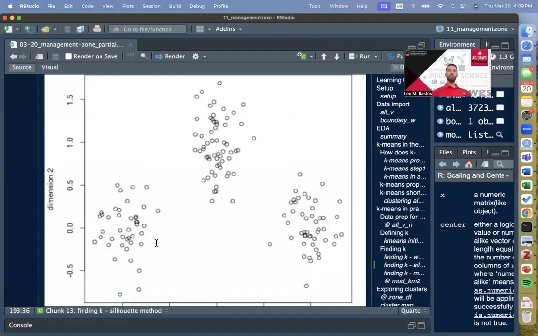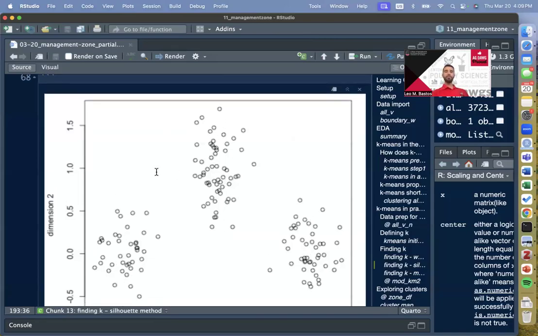After 3, if you keep adding centers, maybe this big one would be split, so you have a center up here and a center down here. You are further decreasing how much variability each cluster has, but then you start gaining very little from it.